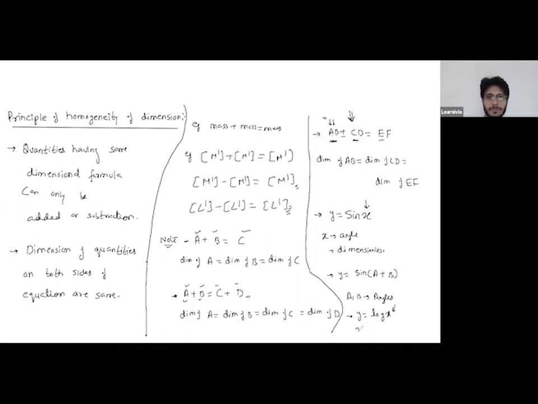This x is a number, and a number is always dimensionless. So here again, if you are writing log of something, then that term is dimensionless. This x is in dimensionless form. Please note it down.